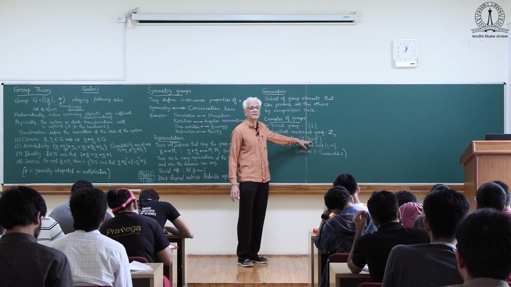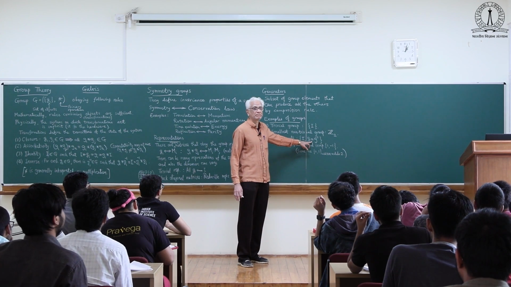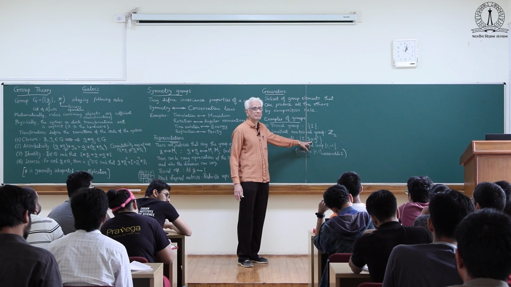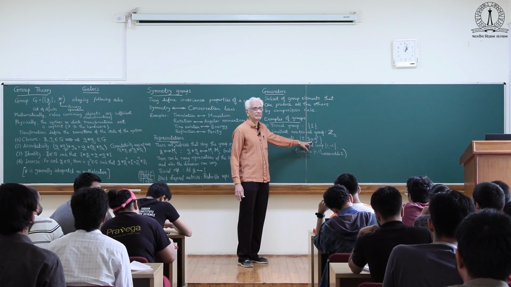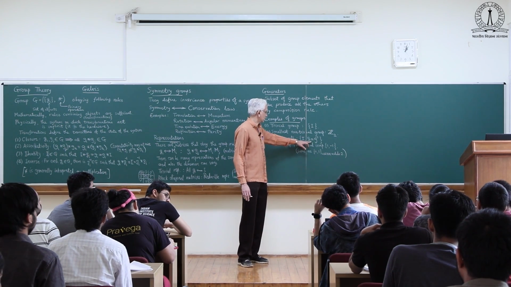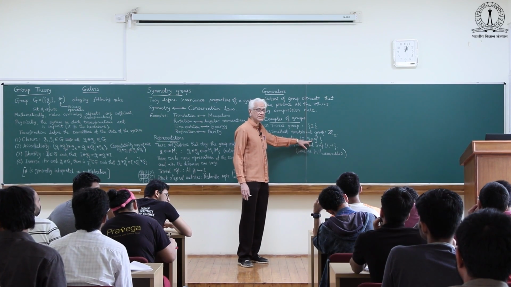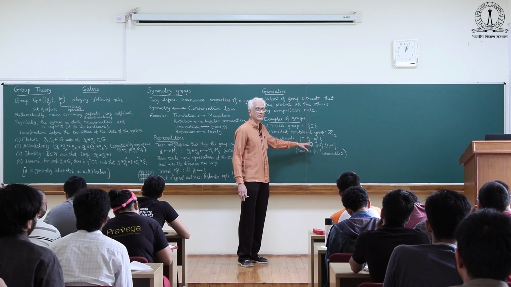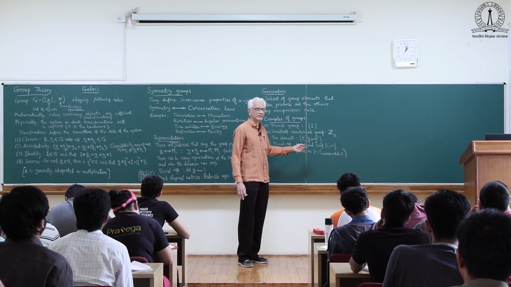Can you solve this equation for numbers? This is for numbers. Yeah, it's something which has to be obeyed by any representation of the group. I'm looking at a one-dimensional matrix, which is a number.